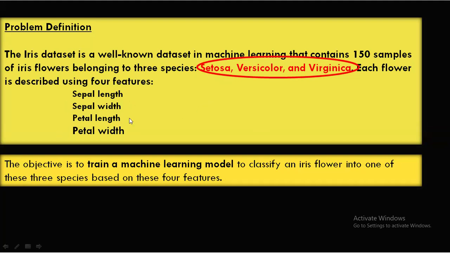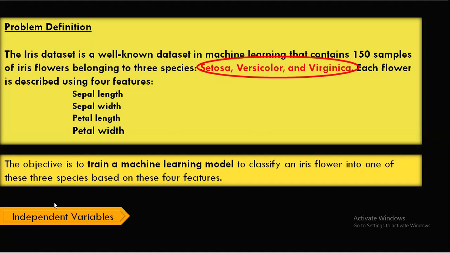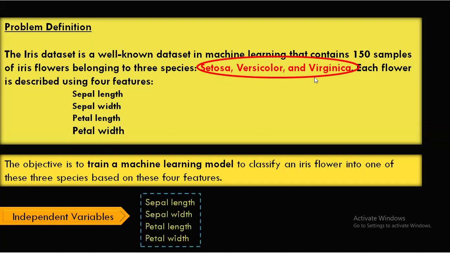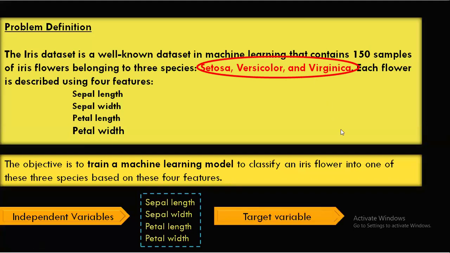Okay, so these four features are called your independent variables, and these three values are available in a single column called species. That column is your target variable. The target variable is also called a labeled feature. This is called your input feature. Got it?